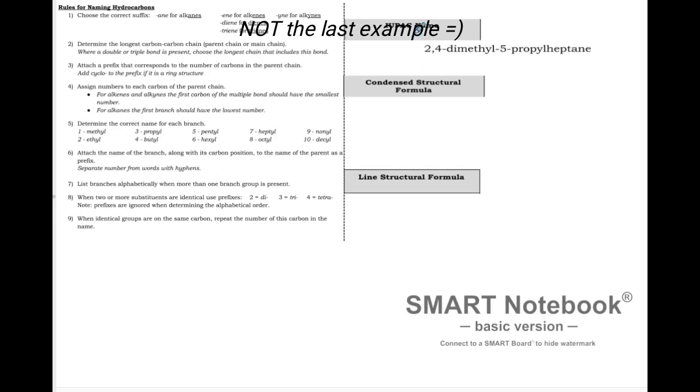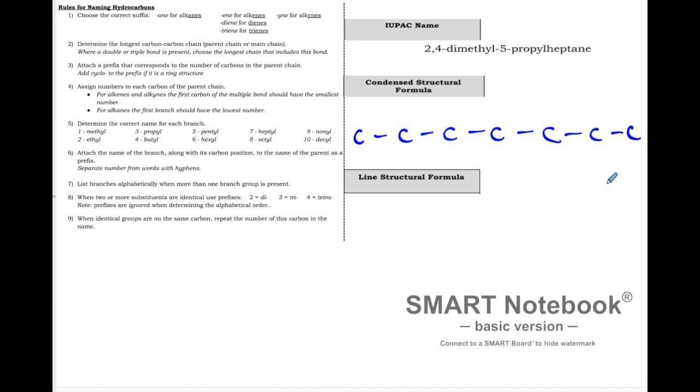For the last example, we're given the IUPAC name, and now we have to draw the formulas. We always start off with the parent chain, which is heptane. Heptane stands for 7 carbons. It's all single bonds. Don't forget to leave yourself enough room for the hydrogens that we fill in last. So 1, 2, 3, 4, 5, 6, 7.